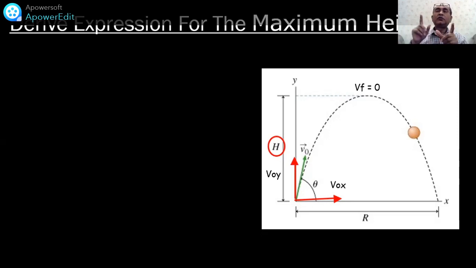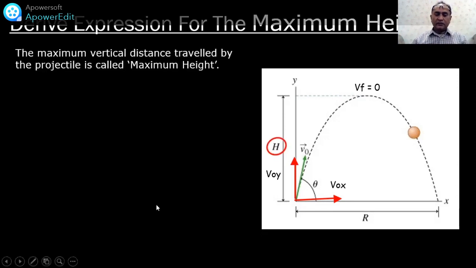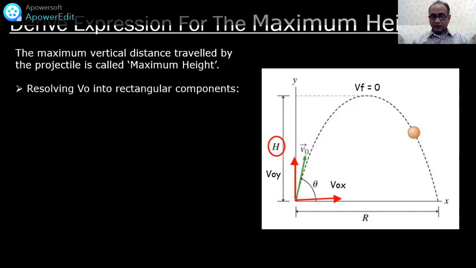Right? So let's start. What is maximum height? The maximum vertical distance traveled by the projectile is called maximum height. For example, someone throws a ball, then the height it has reached is called the maximum height of the projectile.